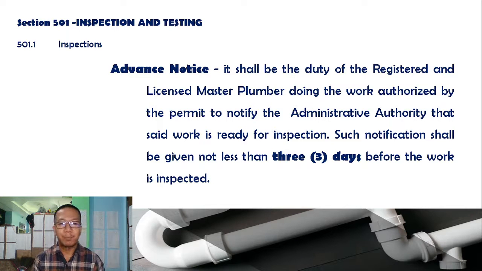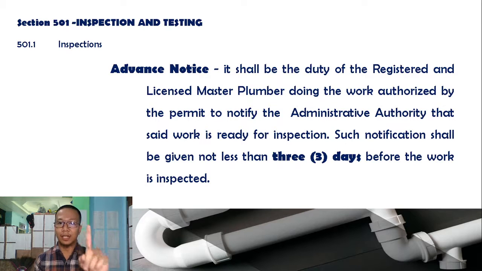Advance notice. It shall be the duty of the registered and licensed master plumber doing the work authorized by the permit to notify the administrative authority that said work is ready for inspection. Such notification shall be given not less than 3 days before the work is inspected.